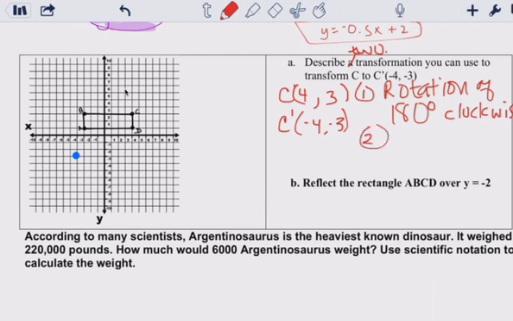The second one is basically I can go down 1, 2, 3, 4, 5, 6, down 6, translation. The second one is translate 6 down and something to the left.